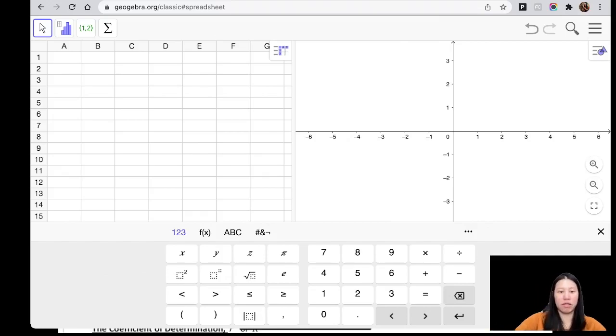So in here, let's do our previous example, the temperature and chirps. You need to put it in by yourself, so you can write down the titles.